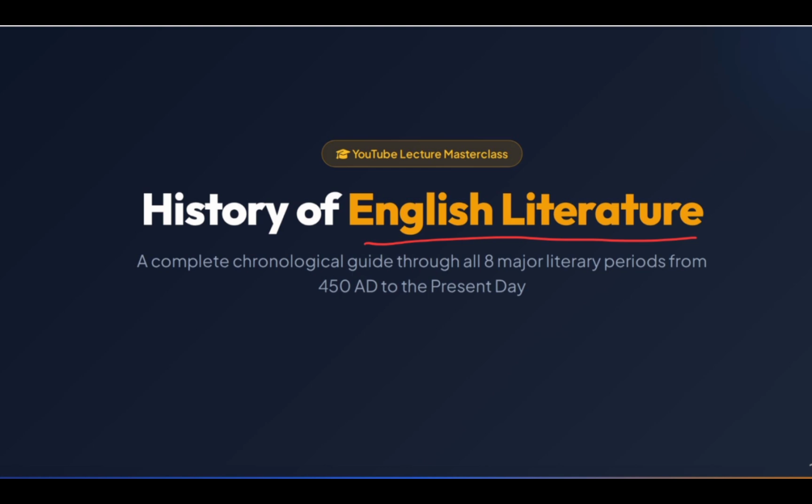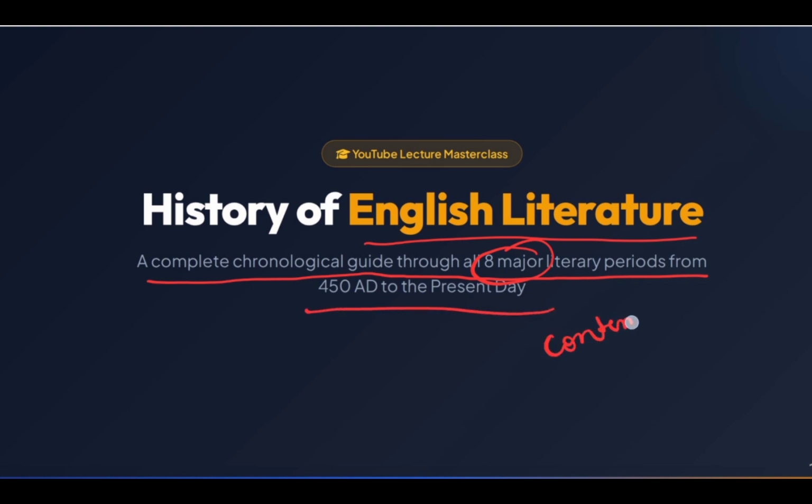In today's lecture, we will create a timeline of English literature, a complete chronological guide through major literary periods. Majorly, periods are divided into 8 major parts, and we will start from 450 AD to the present-day contemporary.